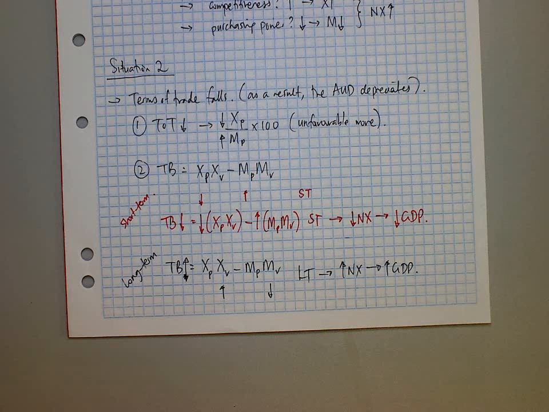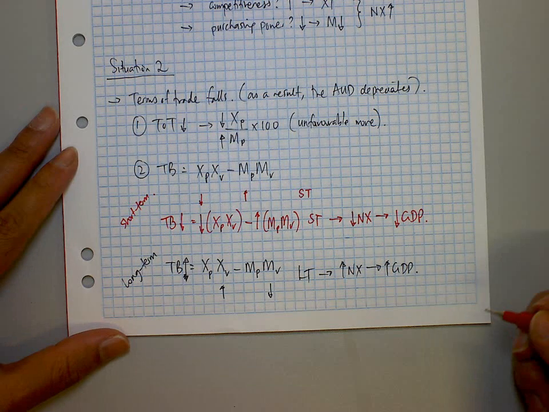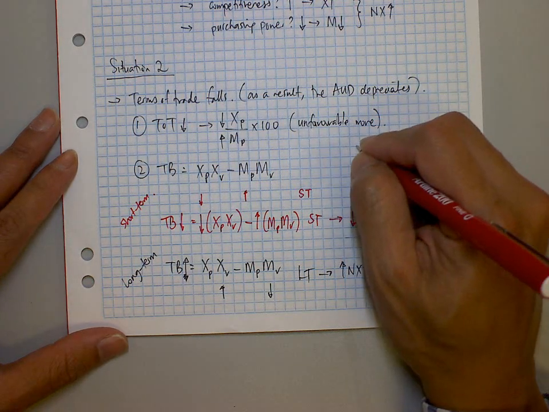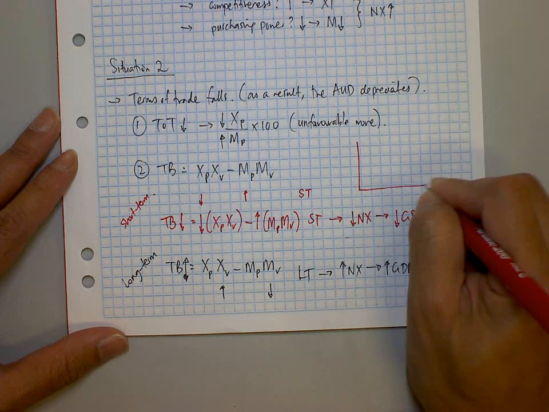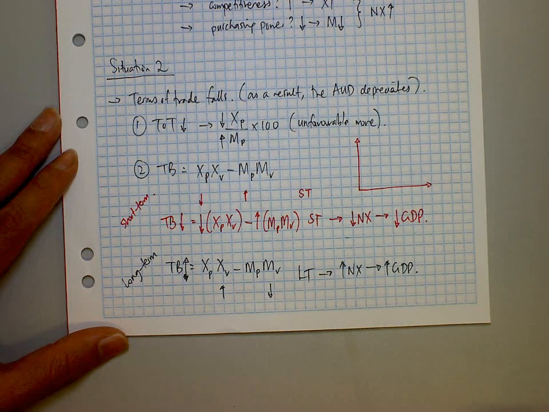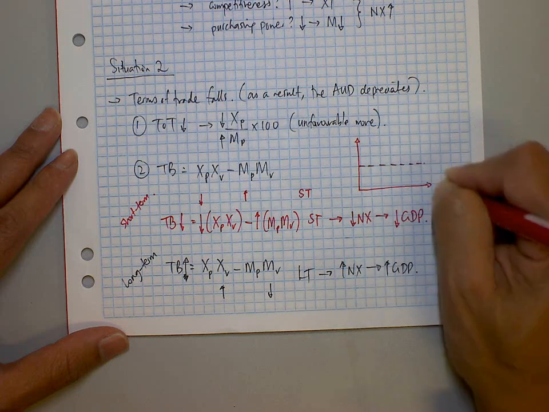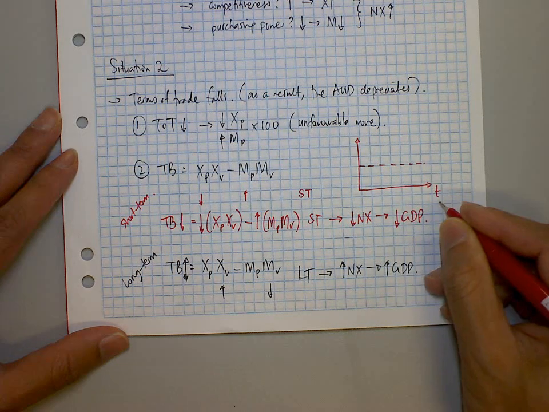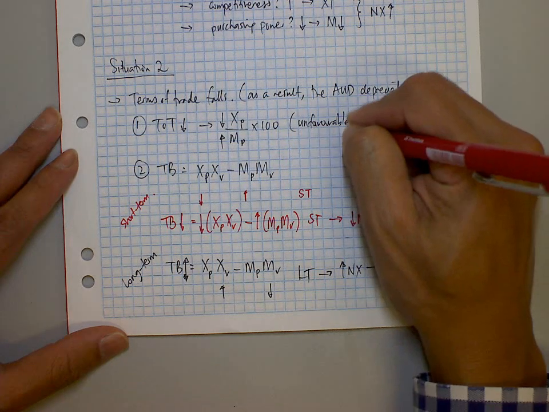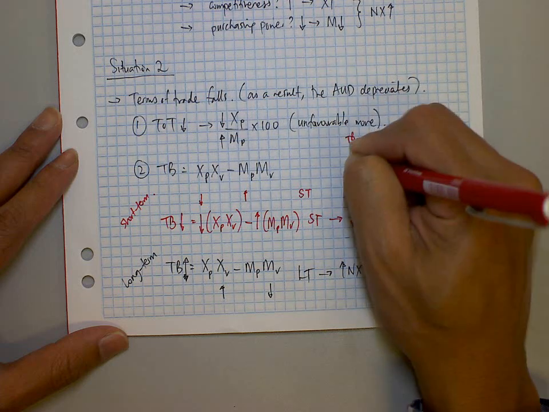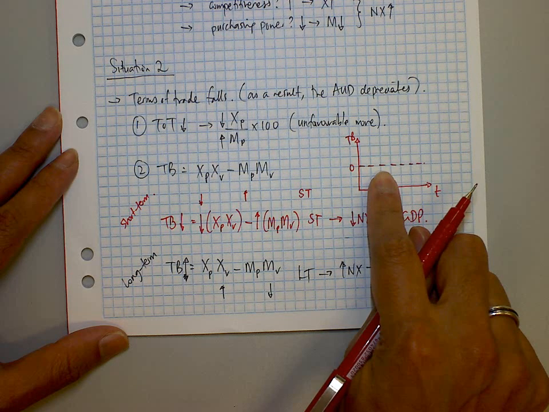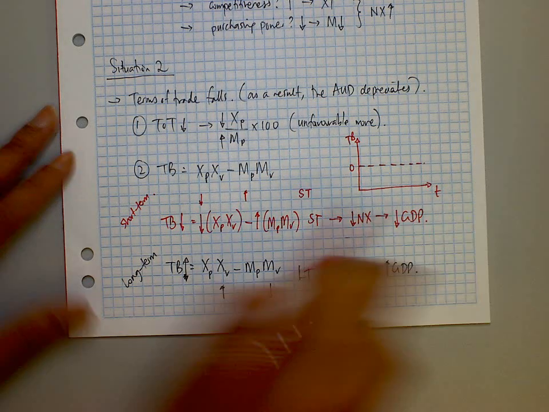So then that's why we talk about the J-curve. So if I were to draw the J-curve over here, so remember the J-curve is the x-axis represents time, and the y-axis represents the trade balance, where this line in the middle is, let's assume, a neutral trade balance, so 0.